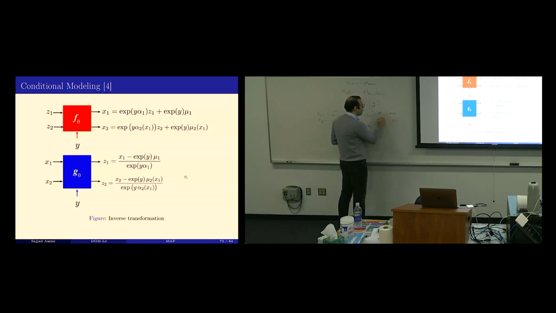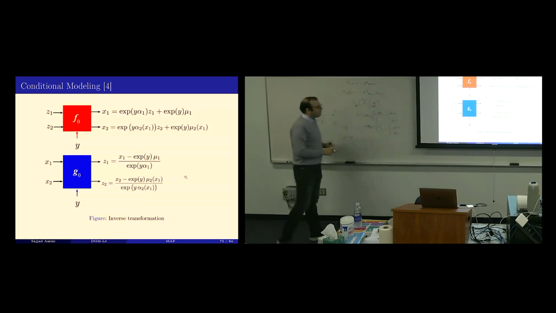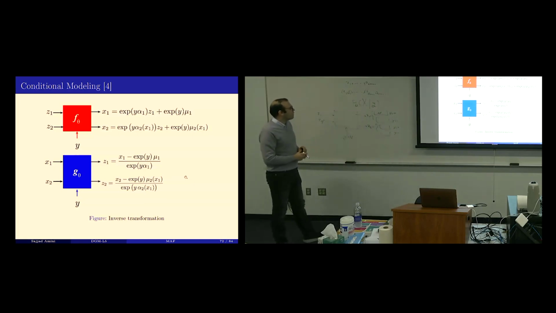And if you have y equal to 1, you have another term, completely different with different parameters. And also for x2, based on the value of y, you are completely training a new transformation. If y is 0, you have transformation A. If y is equal to 1, you have transformation B.